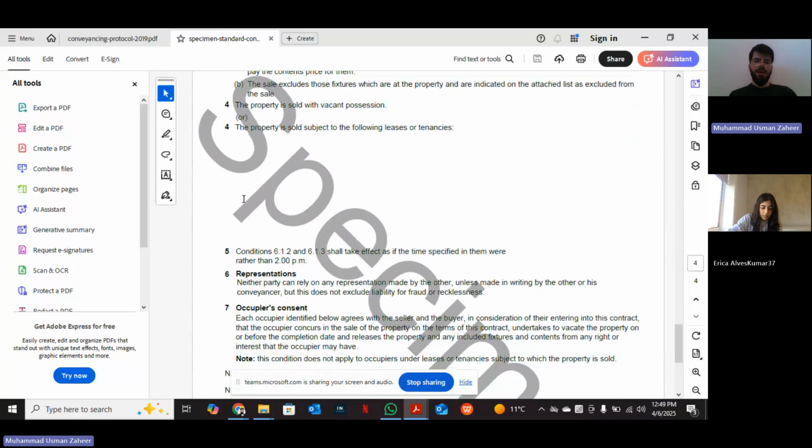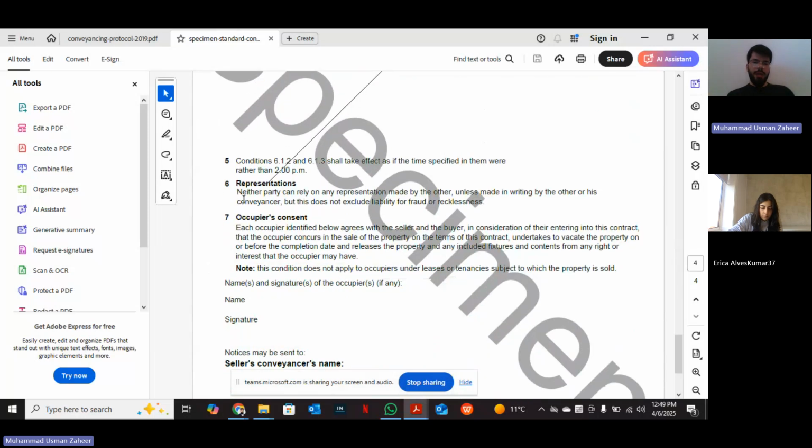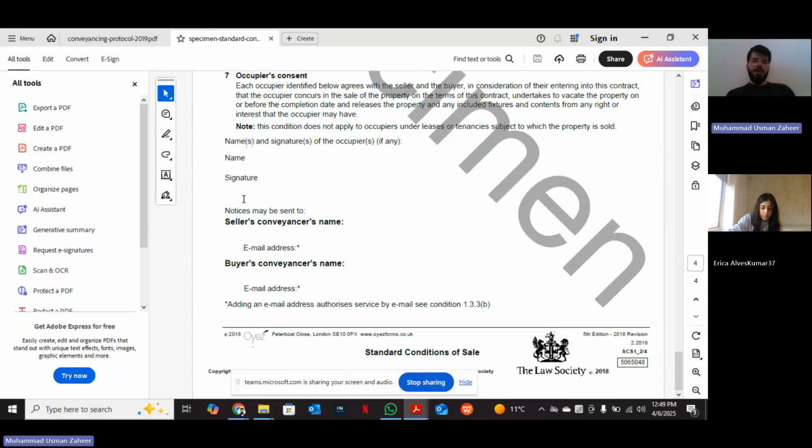It can remain in other circumstances as well, but in my experience, it only stays where there is a chain transaction involved, and then if there's an occupier, you need their consent, and then you just put in your details and the buyer's details as well.